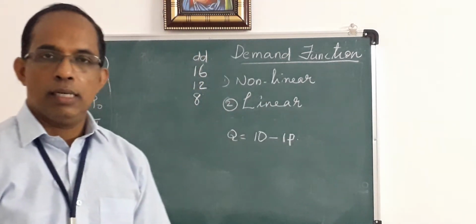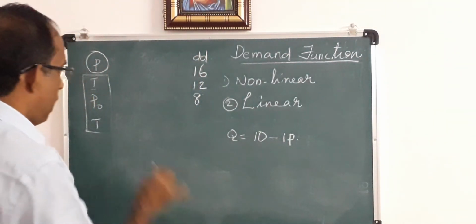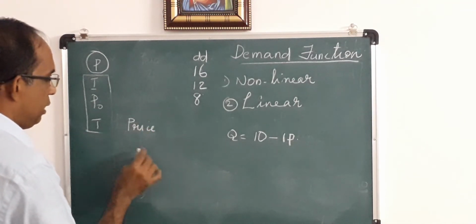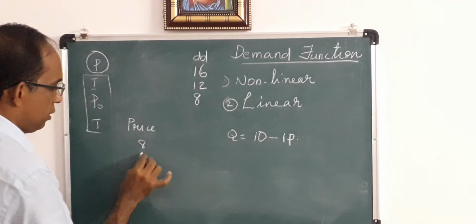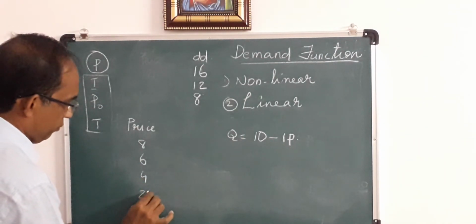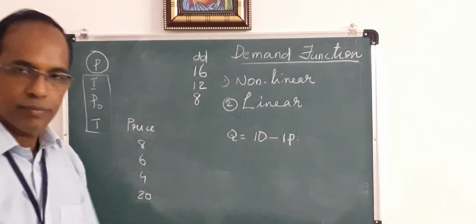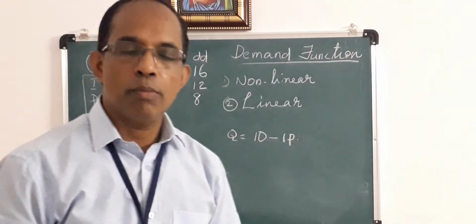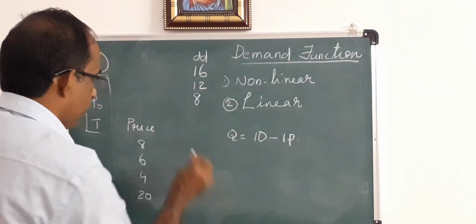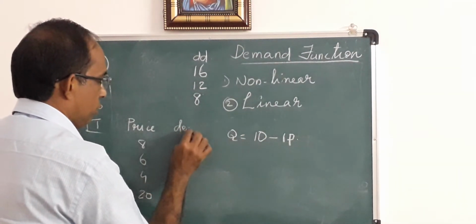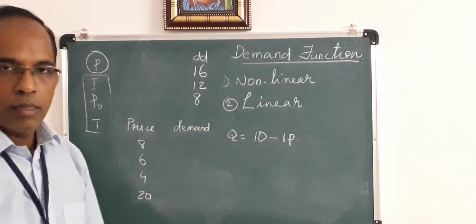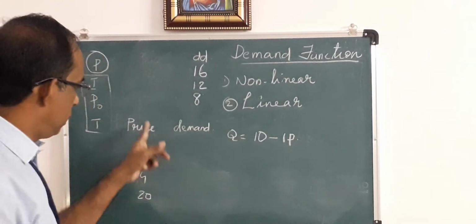Calculate her demand when price is 8, 6, 4, 20. We can calculate the demand of Amrita at these prices.